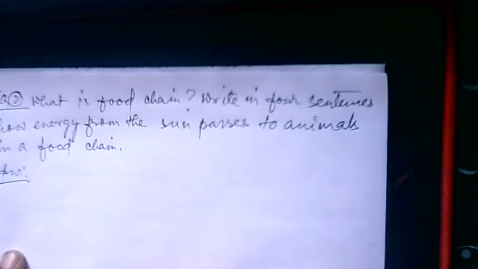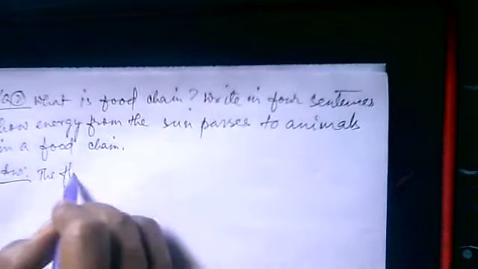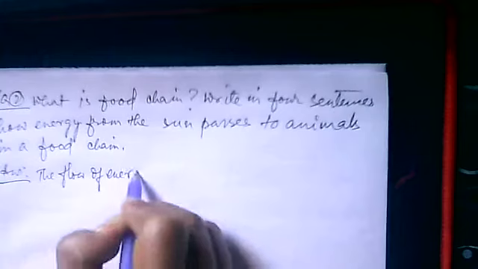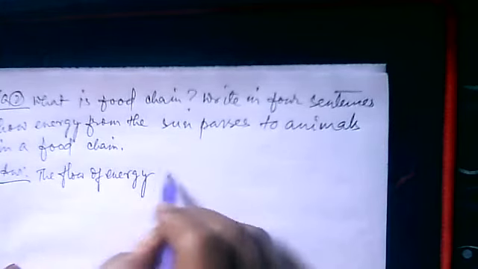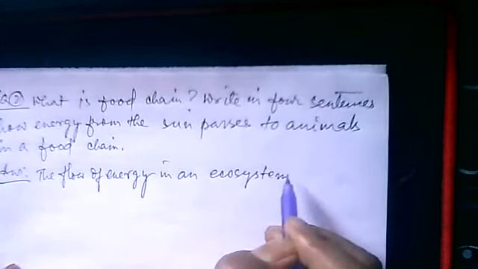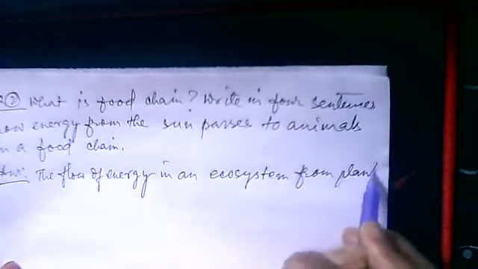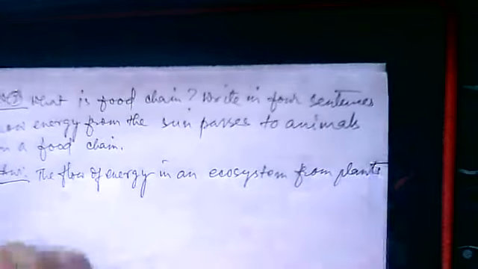Transfer of energy from one animal to another, the flow of energy in an ecosystem from plants to animals is the food chain.